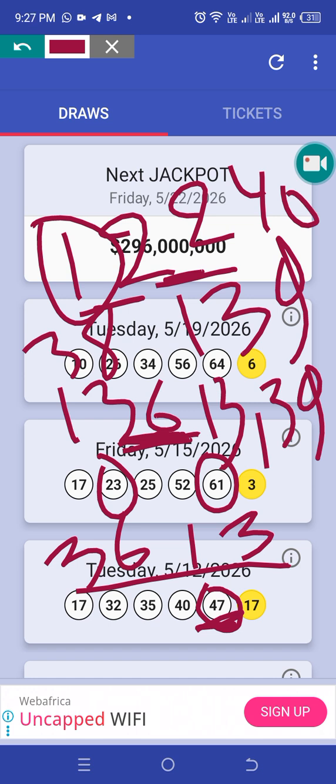So that code alone is 139. 39 can come as 36, remember? 36, 39, or 63. Then we move over 13 as it is, and 13 or 31. We move also with 38 and 40. 40 can be 4 to come as a bonus ball. We can try bonus 4, guys.